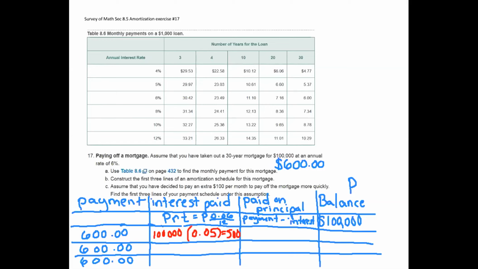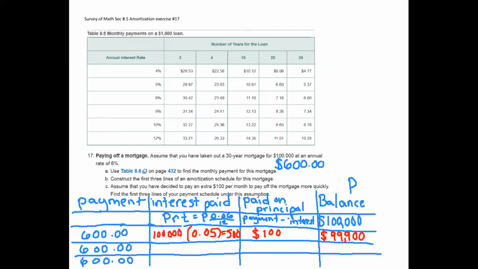And the other $100 is going toward the payment on the principal, which brings our overall balance down to 99,900, because all we really paid was $100 on the balance.